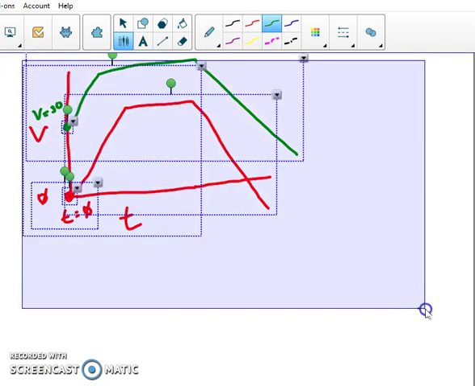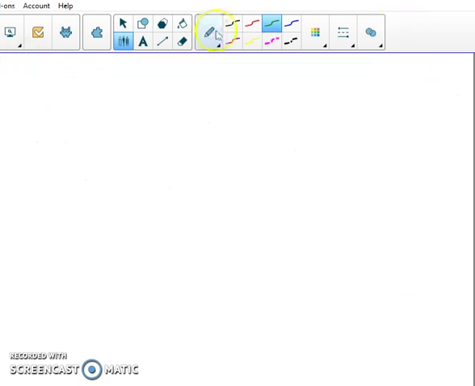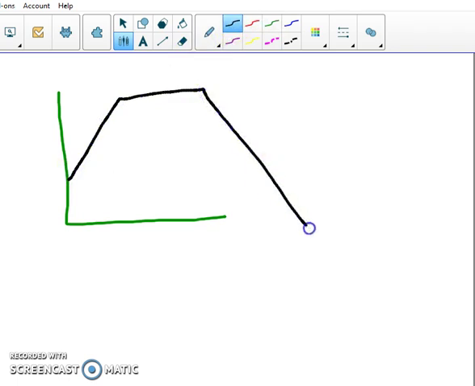Let's look at this graph again, and we'll redraw. So let's put a nice graph. We started at some number, let's say 25, and we're going up to a height, let's say 50.